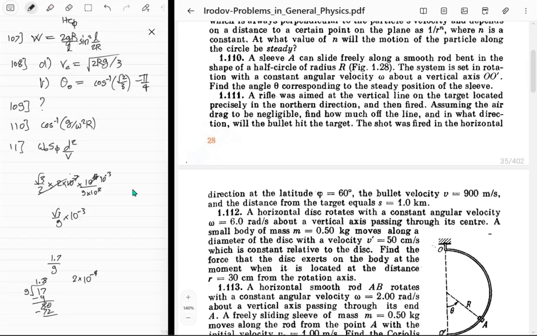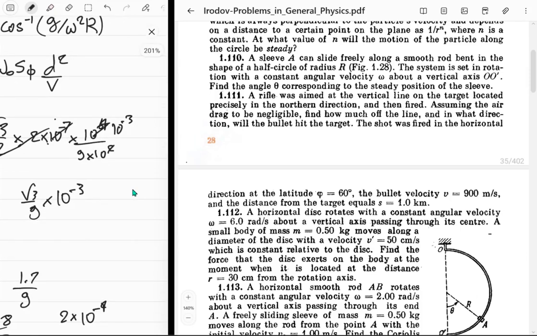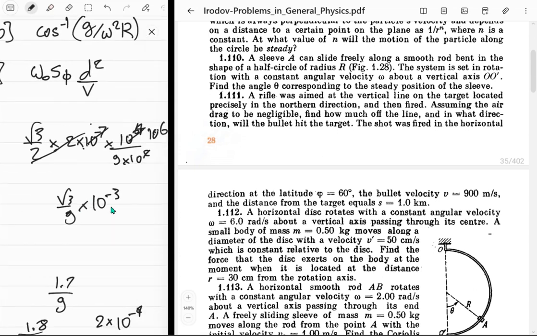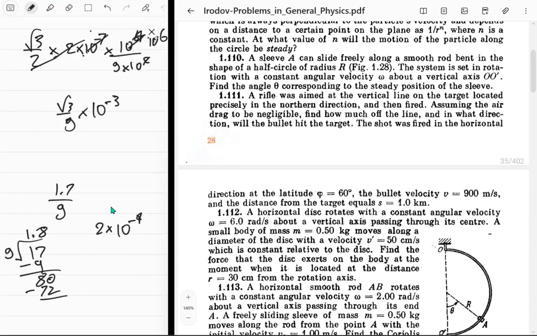Ah, sorry. 2 into 10 power negative 7 and then power 6. Wait, no, it's actually correct. It should be correct. So, 3.9 into 10 power negative 3. That should be the thing. Unless, of course, this is not the actual value, which is probably what happened. Come on. I don't know. This is really, really small. Why is it so small?